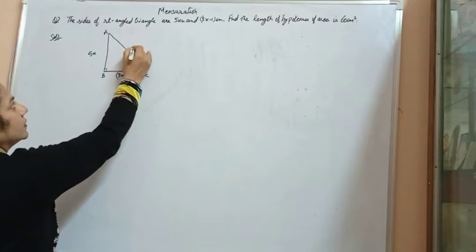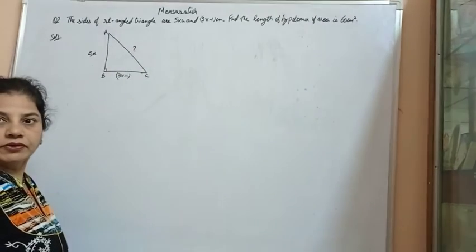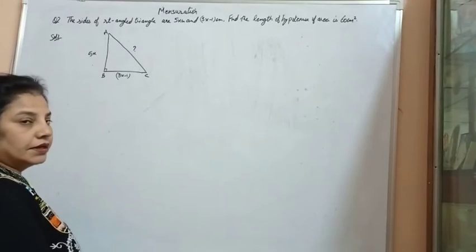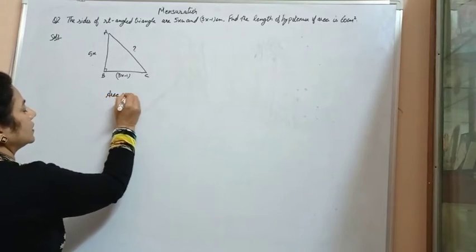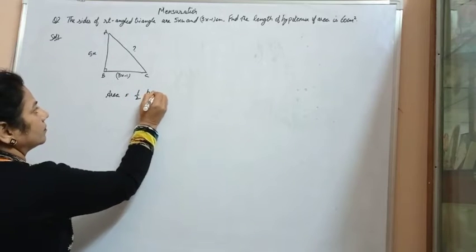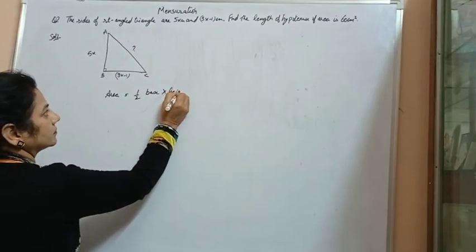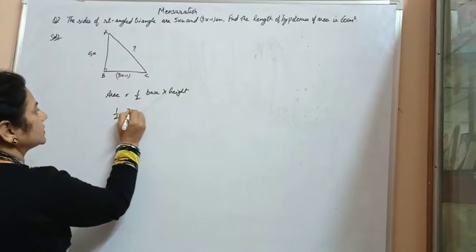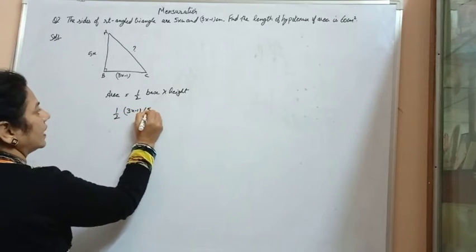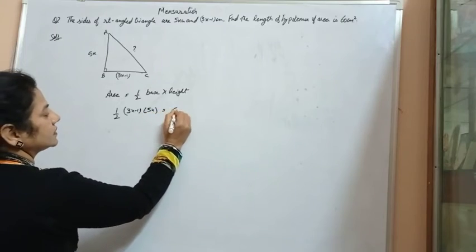We know that the area of a right angle triangle is half base into height, and here the base is 3x minus 1 and the height is 5x, and the area 60 is given to us.